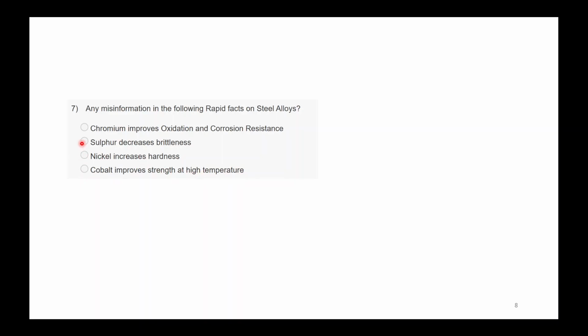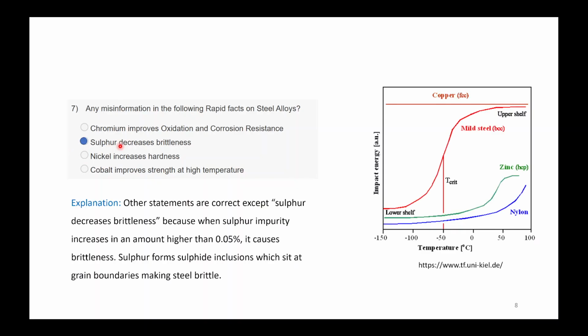So answer will be B, because other statements are correct except sulfur decreases brittleness. Sulfur impurity, when it is present in amounts higher than 0.05%, causes brittleness, because sulfur forms sulfide inclusions which sit at grain boundaries and make steel brittle.